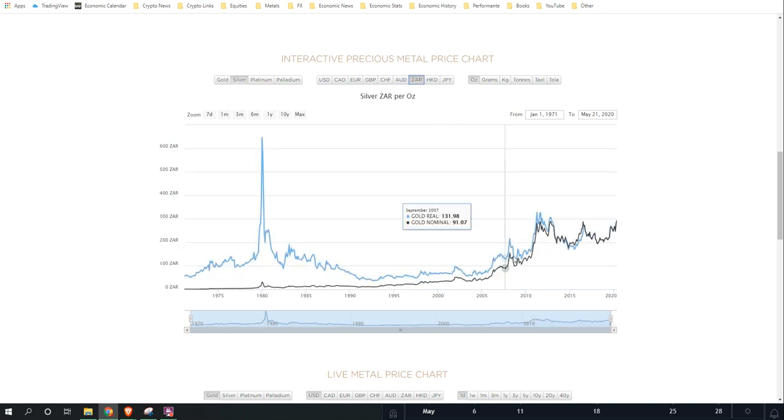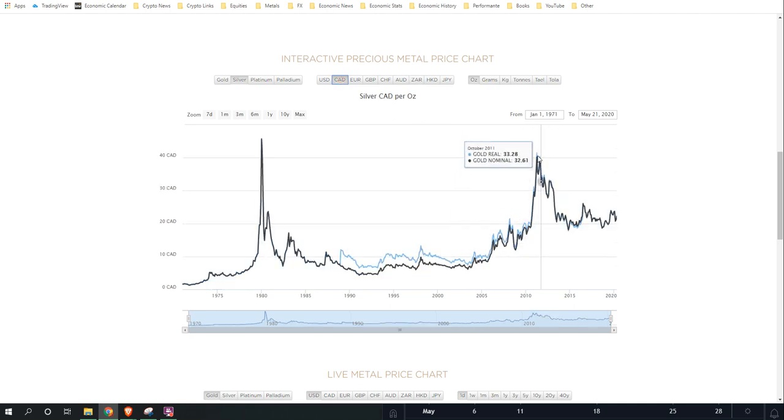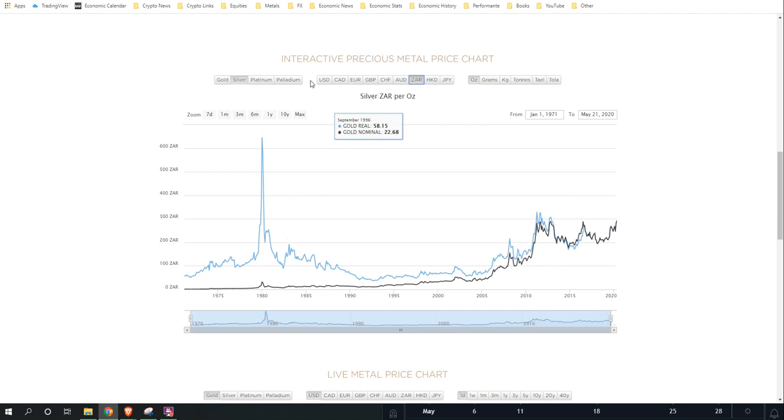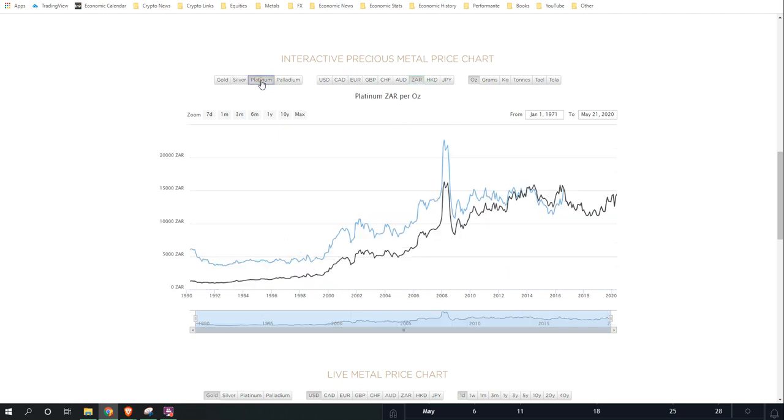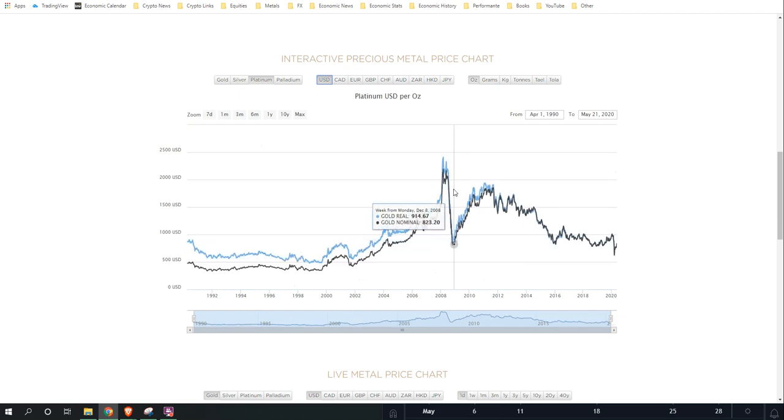And the South African rand is not doing good as well because the price is almost at the very high, compared to, let's say, CAD, where the price is not even close to the high that we saw back in 2010. So looking at the South African rand compared to these different currencies and some of these different metals, we can see the USD made a huge move to the downside compared to the South African rand.